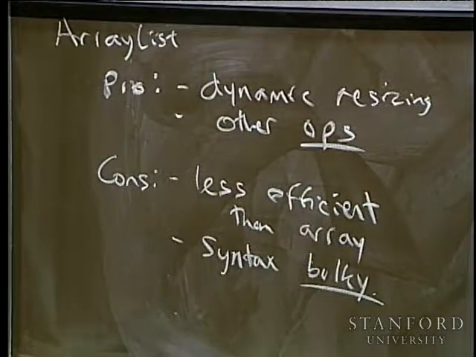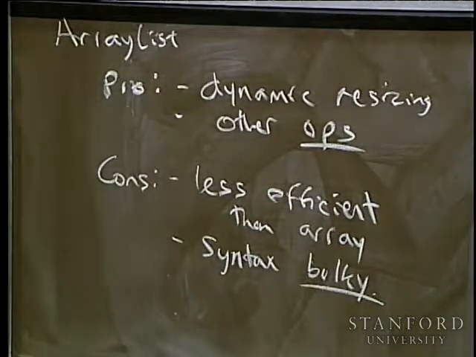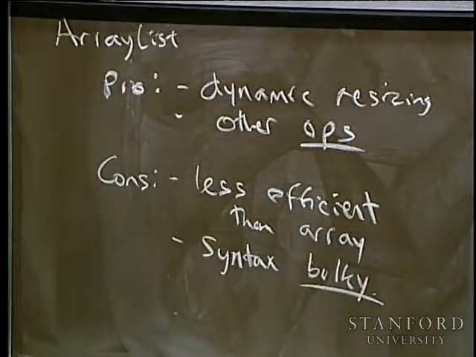In an array, I just say I have score sub 3 and I stick in some value and life is good, or I say score sub 3 plus equals 5 and I add 5 to it and life is good. Here the syntax is bulky because I need to get the old value, do the modification to it, and then set it as the new value. So I'm really doing 2 method calls every time I want to get and set a value, and that's just bulky. And bulk means it becomes more error prone.